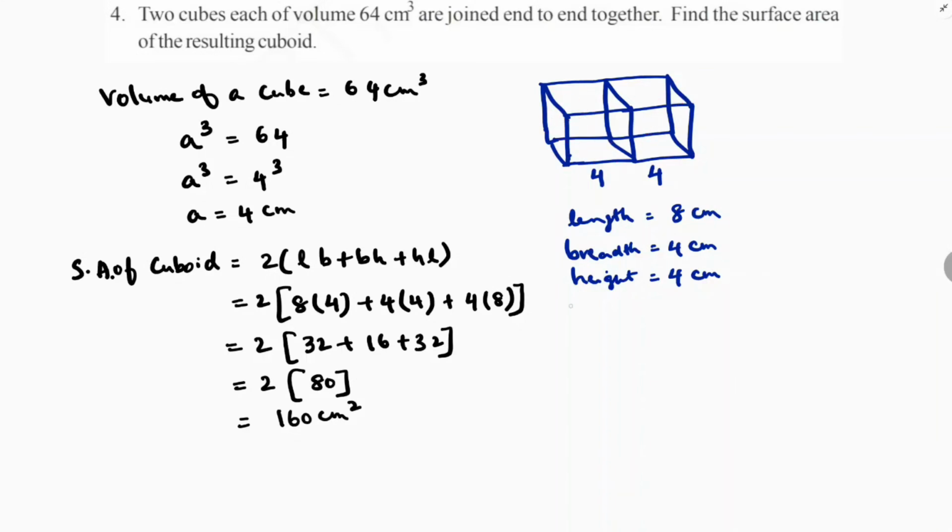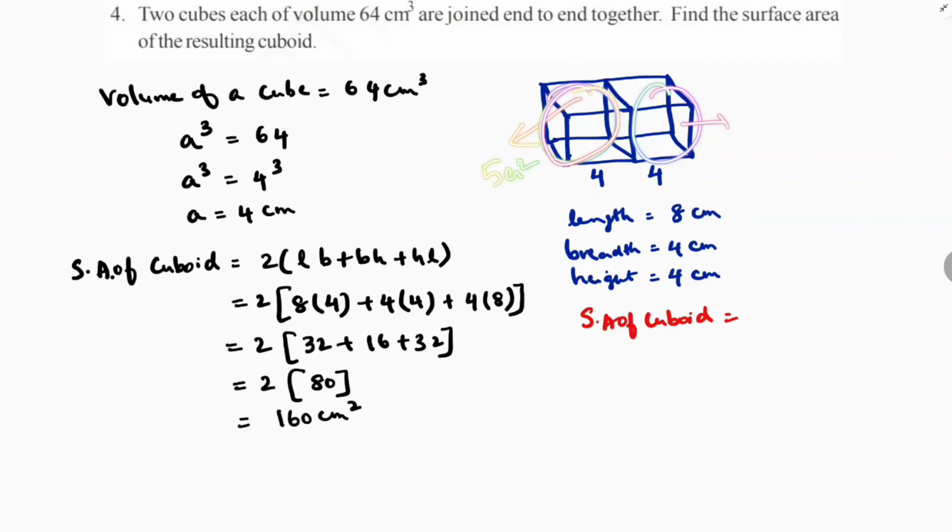See, surface area of cuboid. It is a cube, it has 6 faces. So total surface area of a cube is 6a square. This cube also 6a square. But when two cubes are joined end to end, for the left side, for this one which I am showing here, only 5 faces are visible.